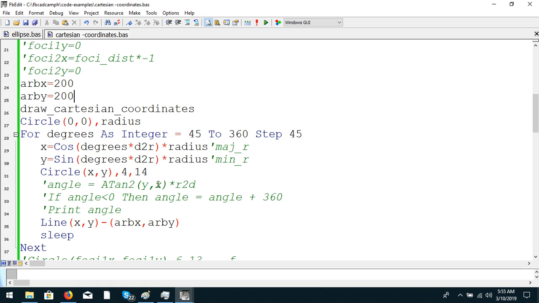So I want to know what is the angle of arbitrary y minus y and arbitrary x minus x. So let me just see how that goes real quick.